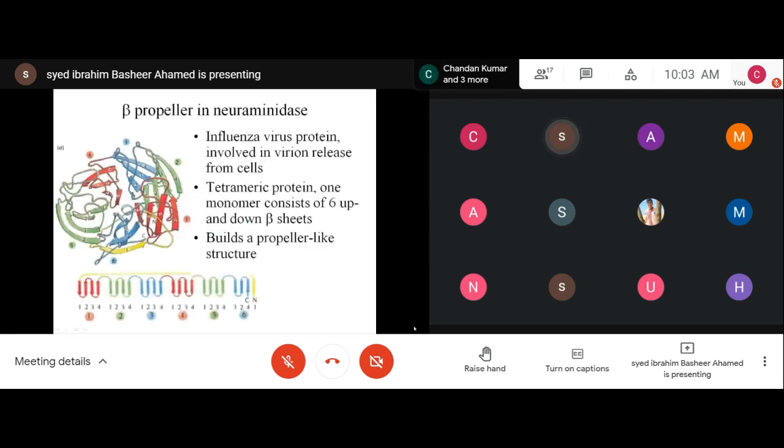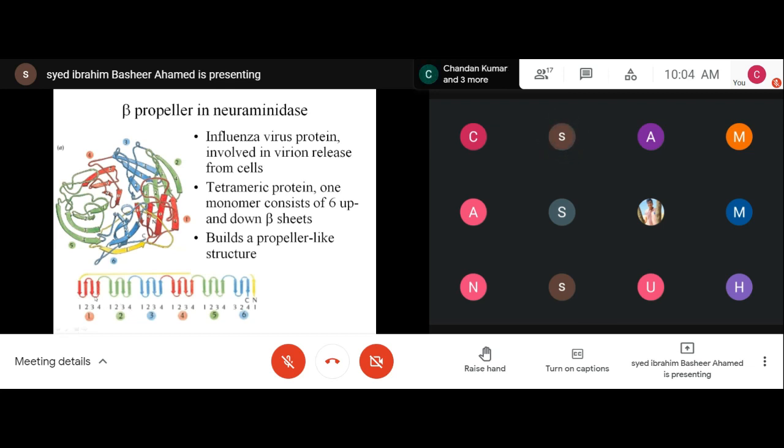This is another protein, called a beta propeller, in neuraminidase. Here you can see you have 6 domains, and each domain is made up of individual beta strands.